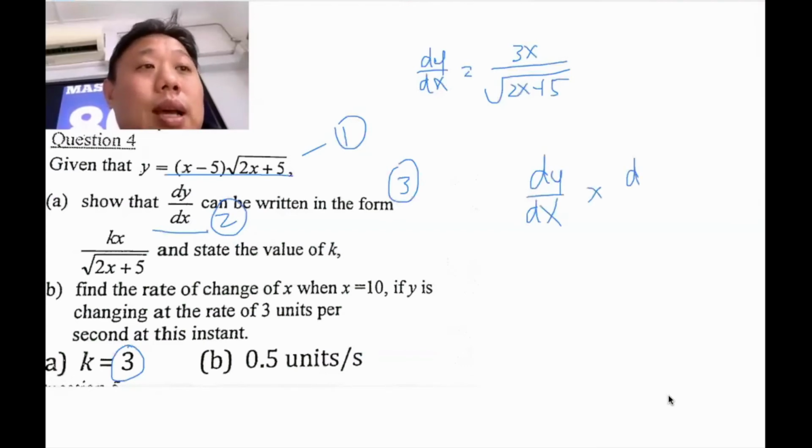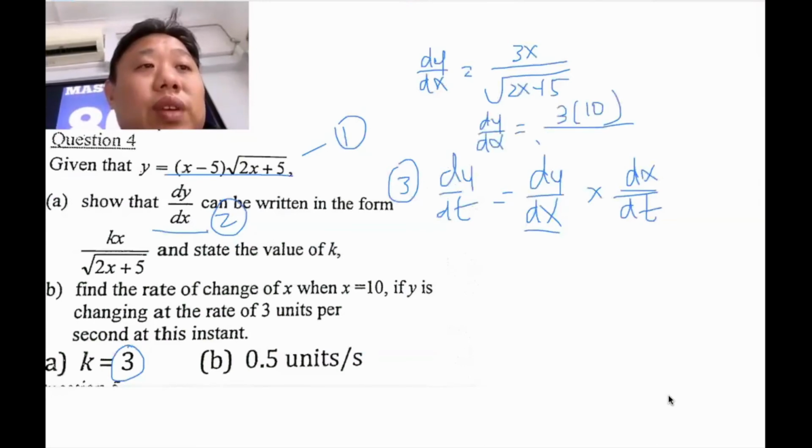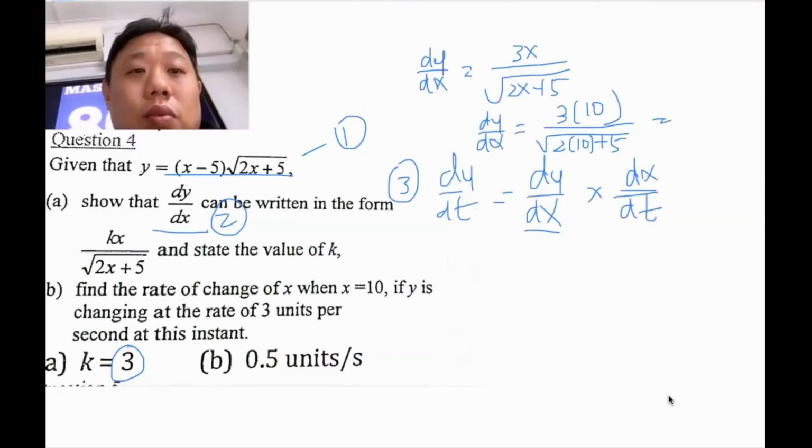My bodyguard will be dx by dt, because this and this have to be the same. My result is going to be dy by dt. So now I put in the x value 10. Okay, so I'm going to get my dy by dx equals 3 times 10 over square root of 2 times 10 plus 5. So the answer will be 6.